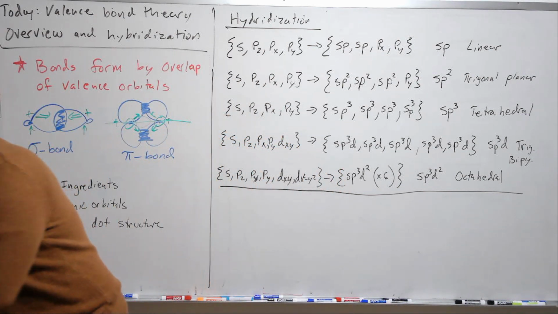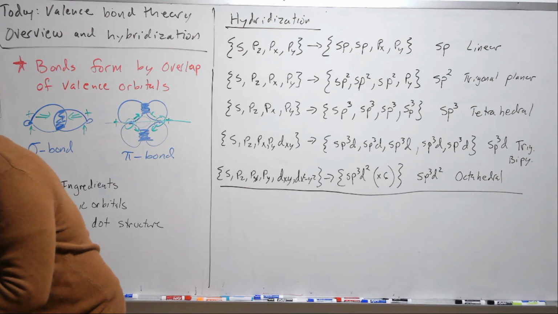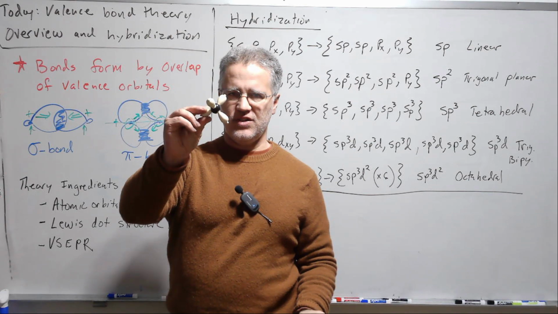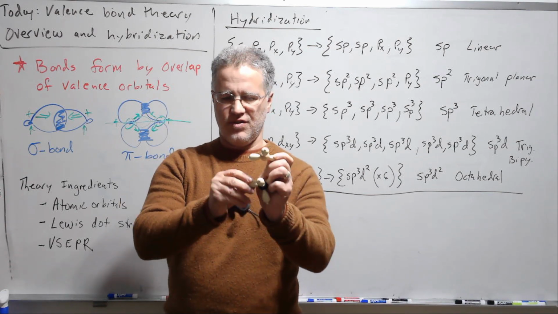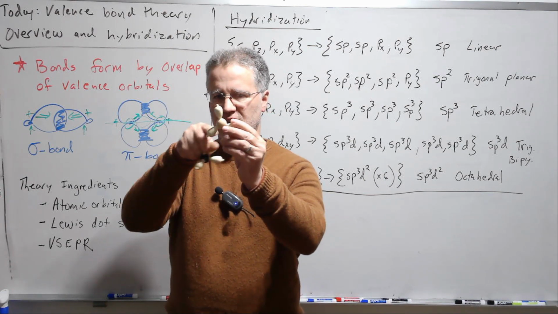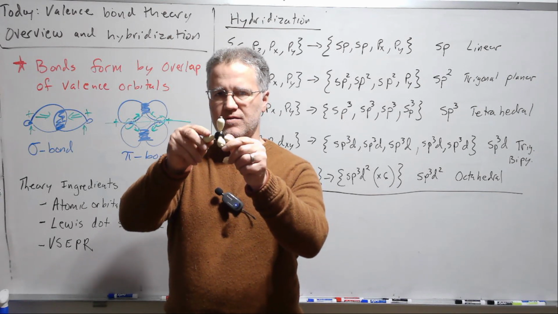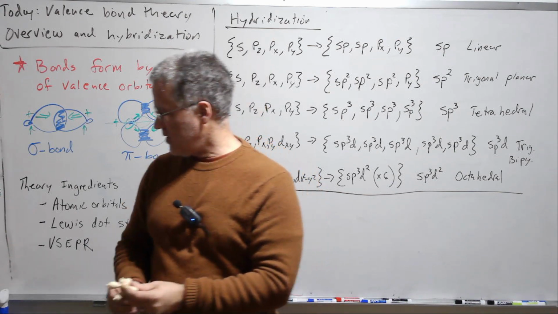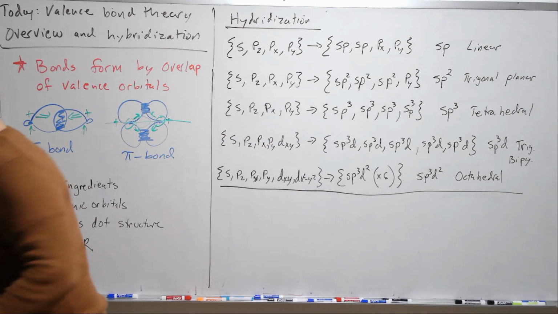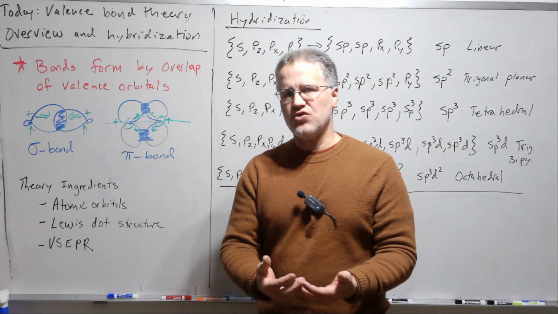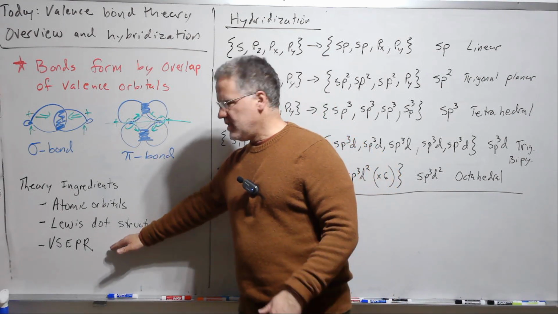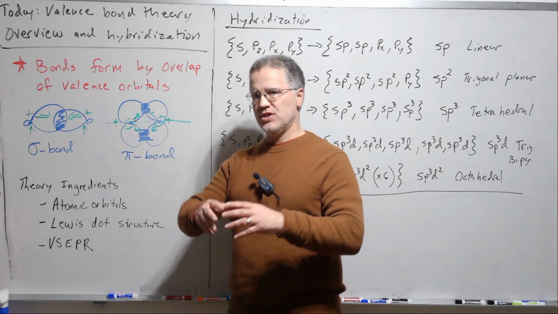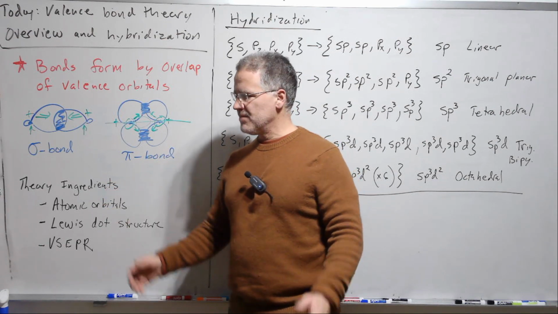But we have to create things like trigonal planar or tetrahedral. These are not orthogonal to each other. They're 120 degrees here, 105.7 degrees here, and so we have to make the geometric structure that is dictated through the principles of valence shell electron pair repulsion, these guys getting as far apart as possible.